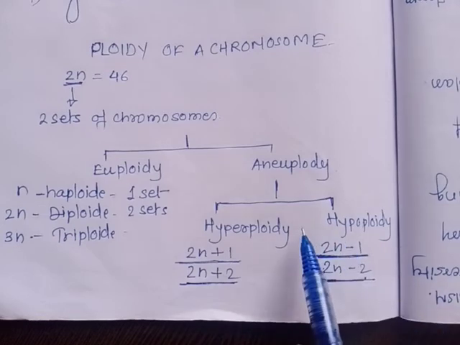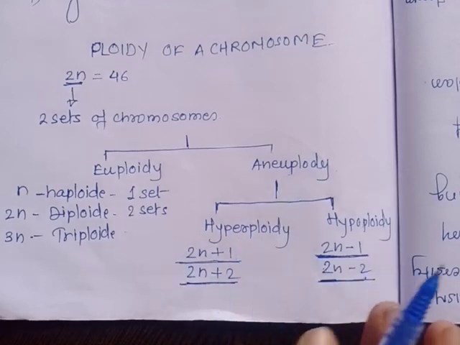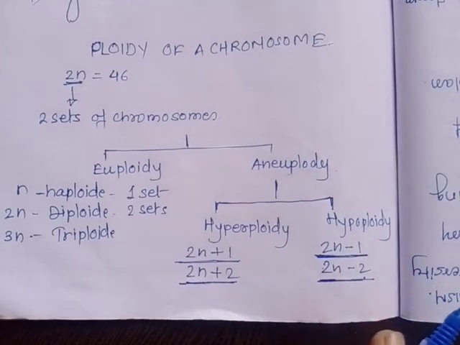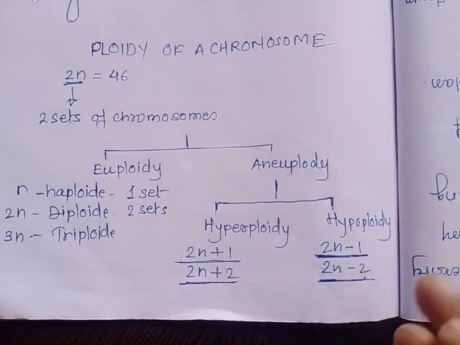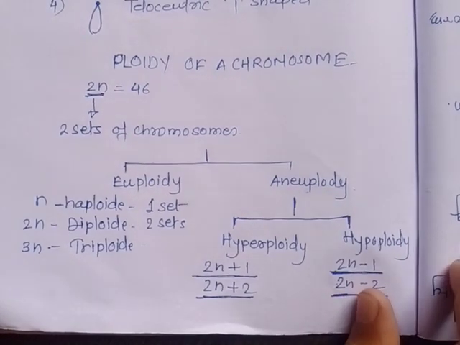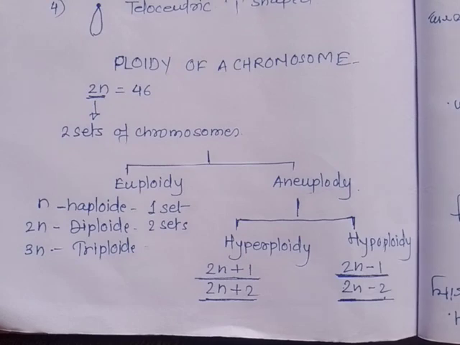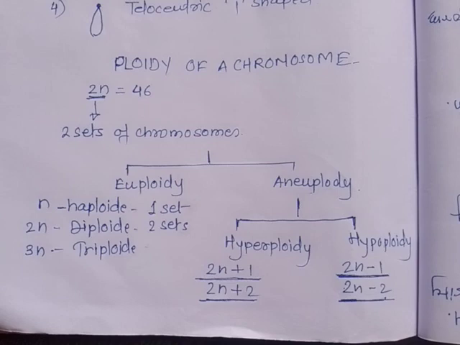In the further segment we will understand the different disorders due to aneuploidy, where you will better understand this concept. So these are some of the concepts related to chromosomes. In the next segment we will understand linkages, which are related to the same thing. Thank you.